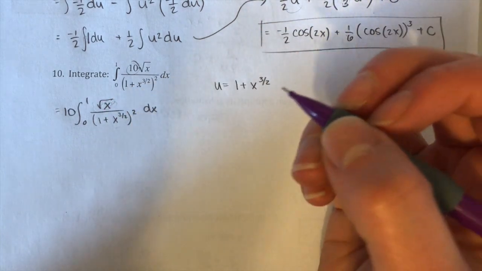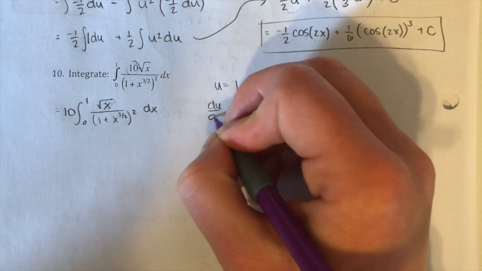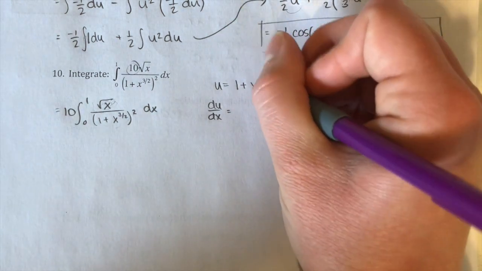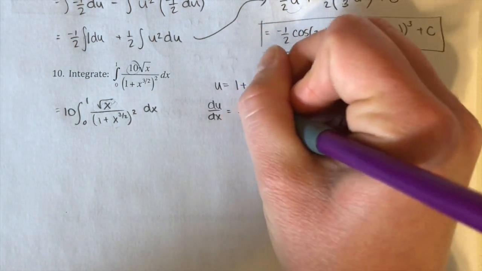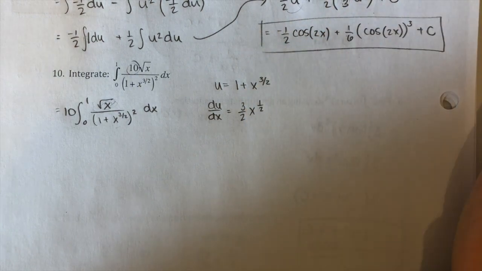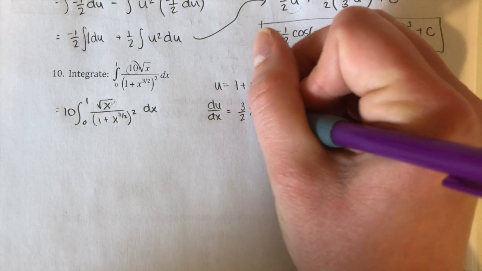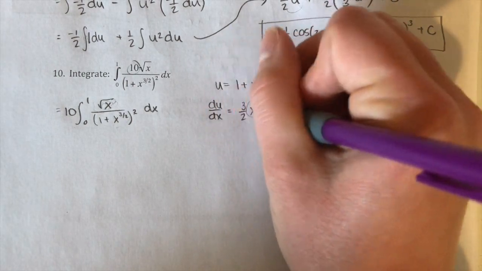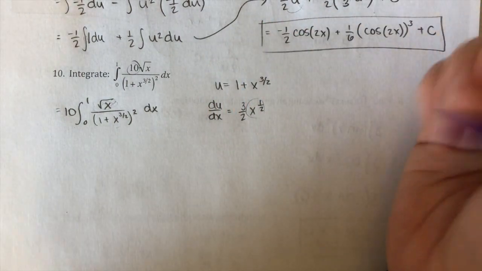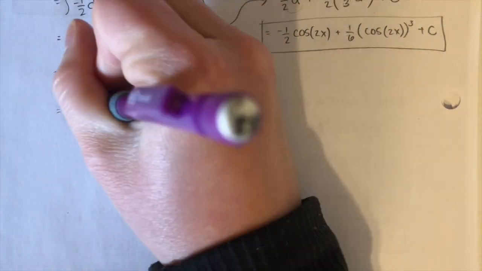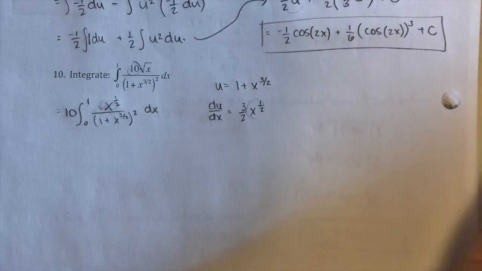So then du dx is going to be the derivative of 1 is 0, and then the derivative of this is 3 halves x to the 1 half. This thing is the same as root x, right? So I could have written that as x to the 1 half there.